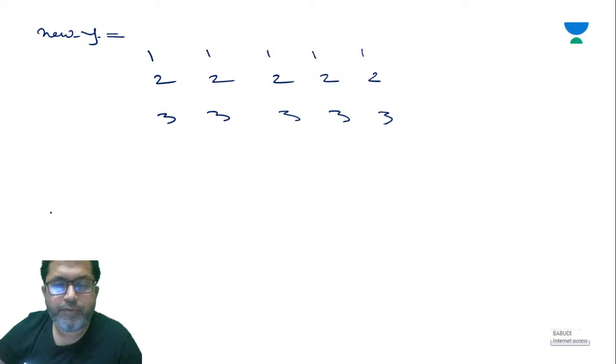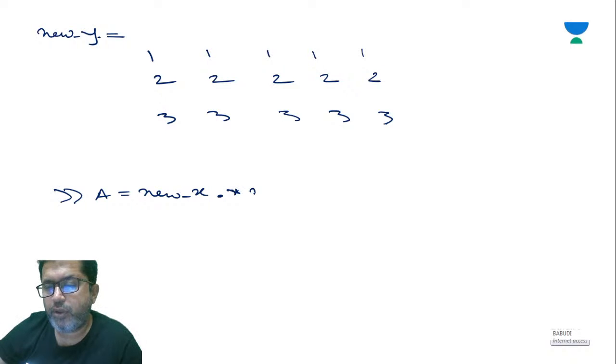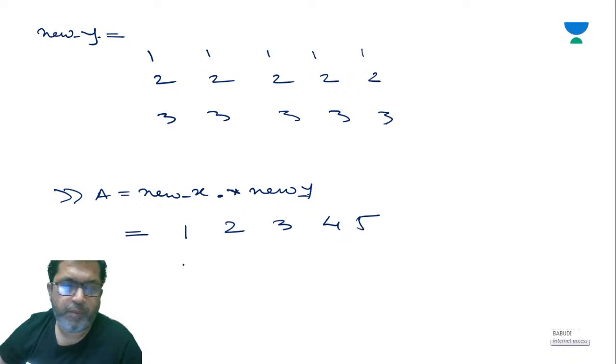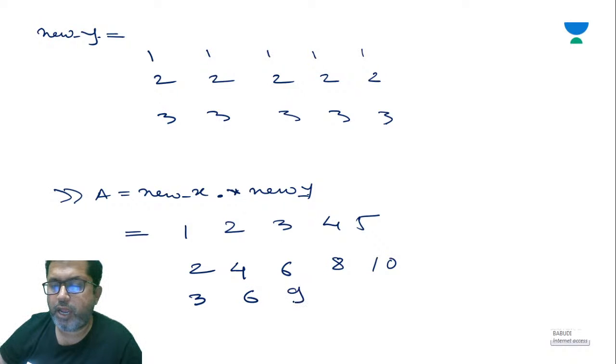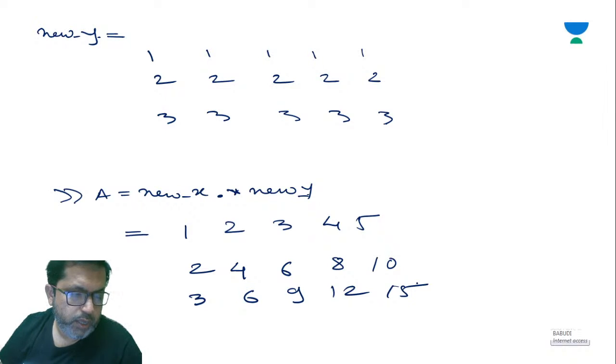So if I put a is equal to new x dot star new y, what will I get? 1, 2, 3, 4, 5, element by element 2, 4, 6, 8, 10, then 3, 6, 9, 12, 15.